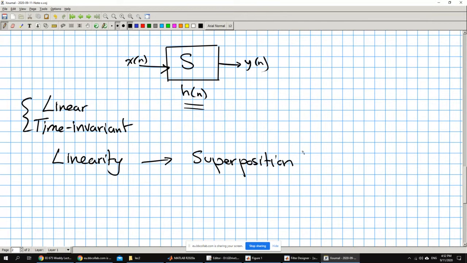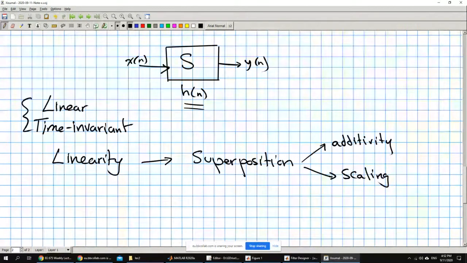So superposition has two things: additivity and scaling. Additivity means that if you have x1 producing y1, and you have x2, another signal, passed through the same system, you get y2.